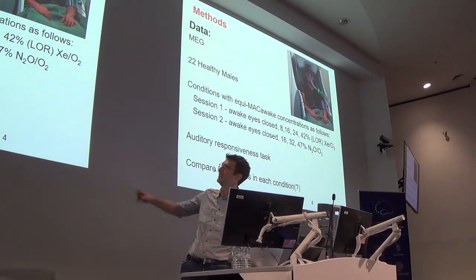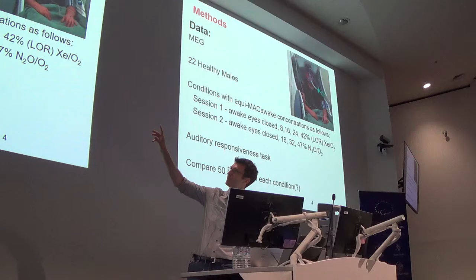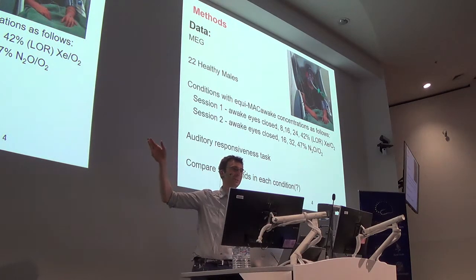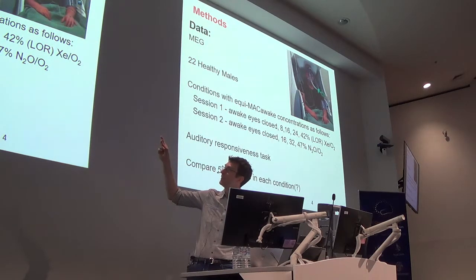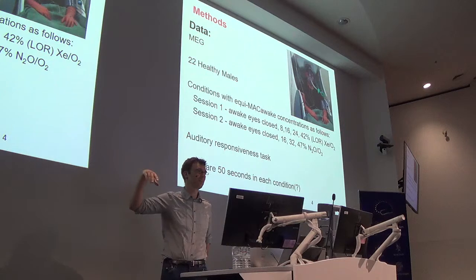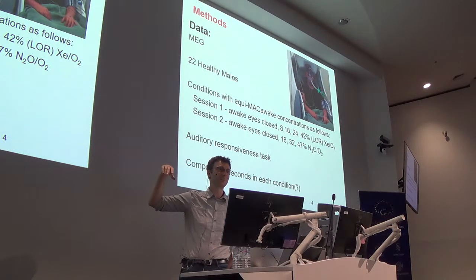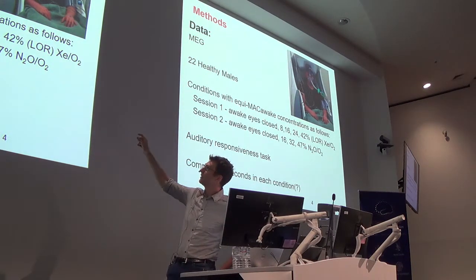So that comes to our study. I should have EEG here as well, but some of the stuff I'll talk about is EEG and MEG, and some is just MEG. We have 22 healthy males. We have two conditions, so each male experienced xenon and nitrous on different recording days.